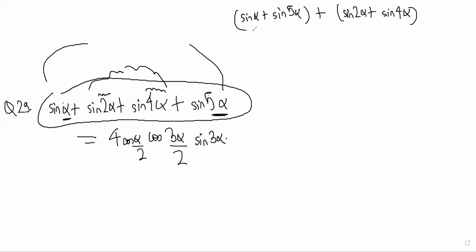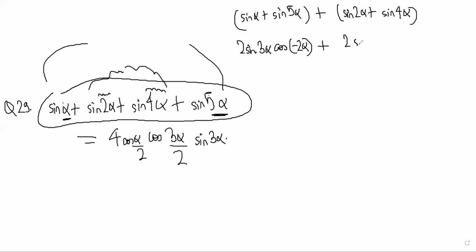And I will use the sine C plus sine D formula. What is the formula here? 2 sin of C plus D by 2, so alpha plus 5 alpha by 2, so 6 alpha by 2, so 3 alpha, cos of C minus D by 2, so minus 2 alpha.